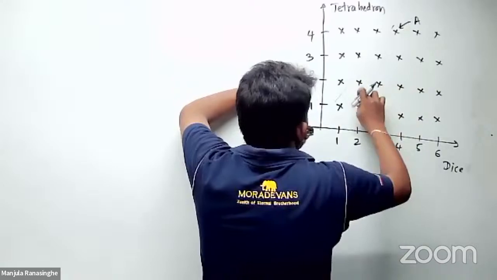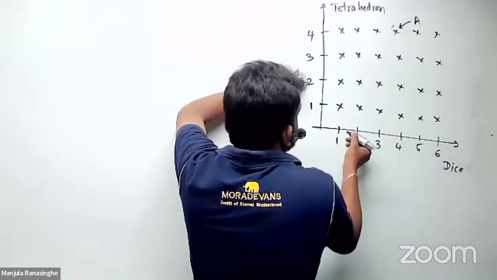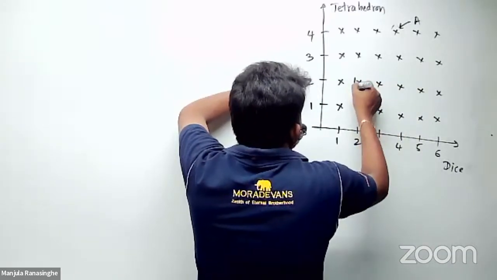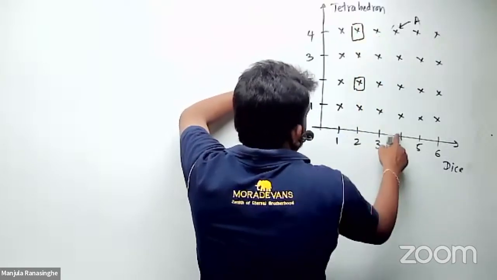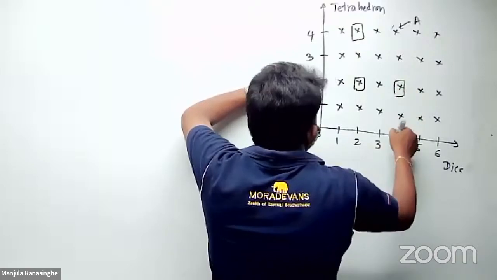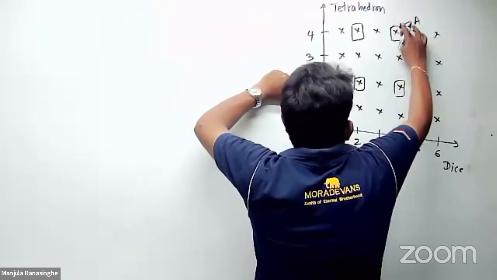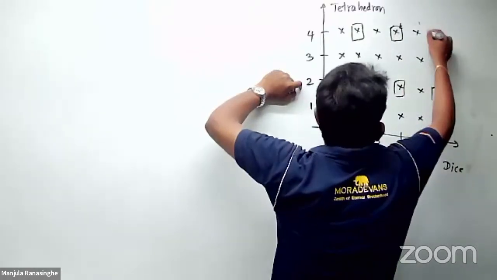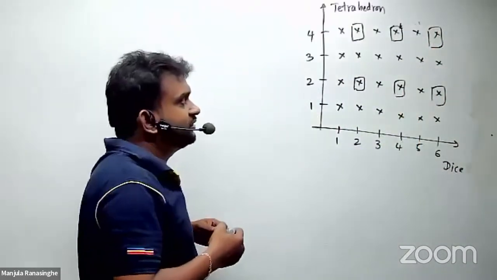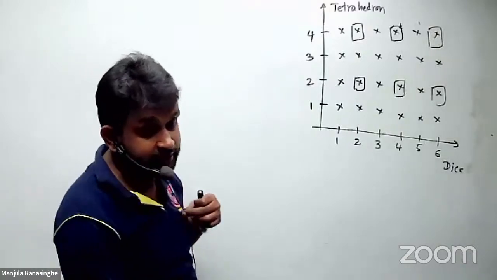Then having both even numbers. Here 2 and here 2, maybe here 2 and here 4. Then here 4 and here 2, and here 4 and here 4. Now here 6 and 2, 6 and 4. Means both having even numbers. So these are the events.